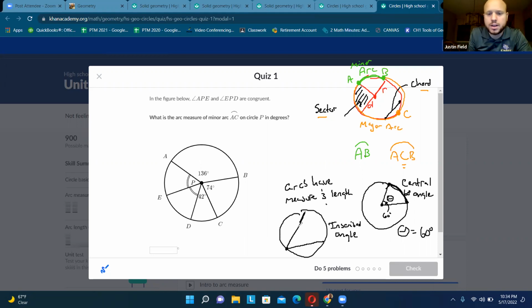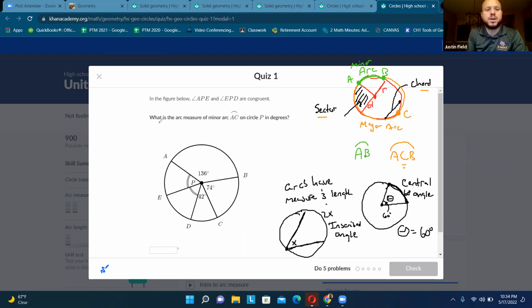And so an inscribed angle is on the circle itself. And here's the relationship. That angle is x. The arc it intercepts is actually twice that. Okay, so a lot of good information there. And just like we can add angles together, we can add arcs together.